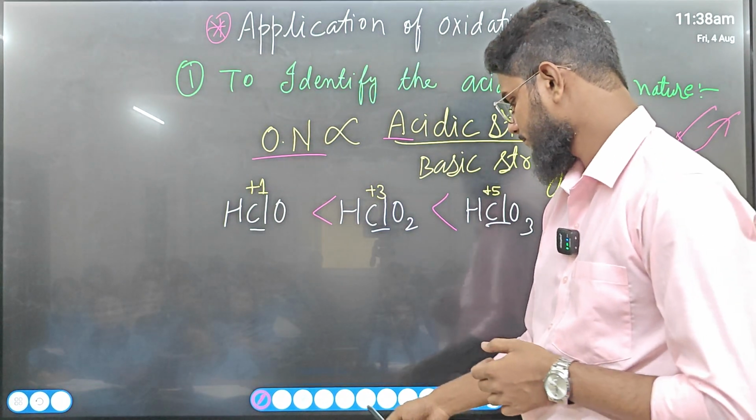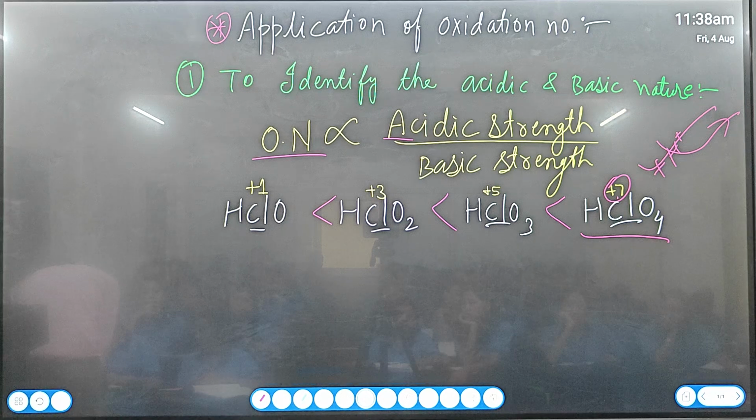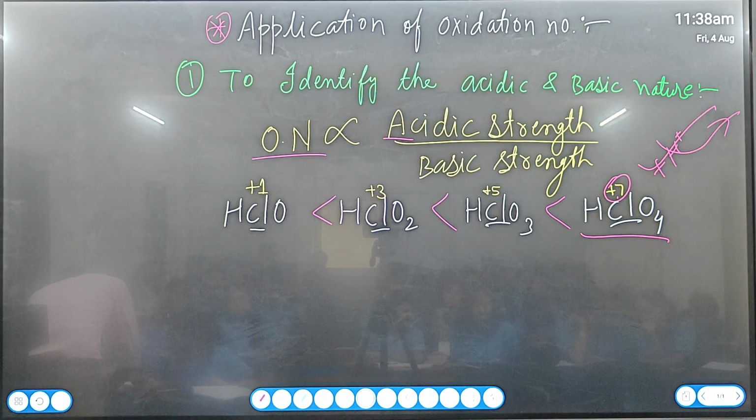Write down. +1. Simple. You have hydrogen +1 plus chlorine X and oxygen -2 equal to 0. Fluorine, bromine, iodine, it's not here, right? +1.